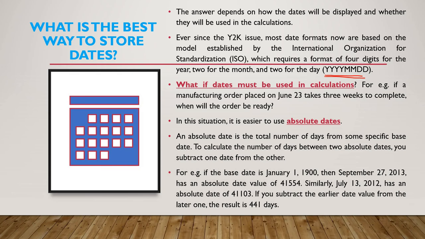This is its format. Okay, so do you remember the Y2K issues? Do you still remember, or are you still aware of the Y2K issues? The Y2K issues happened when we entered the year 2000.